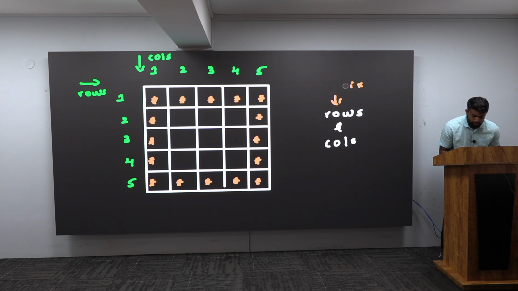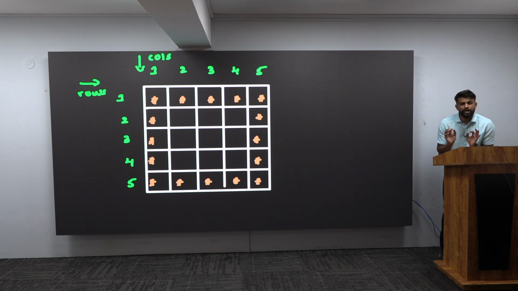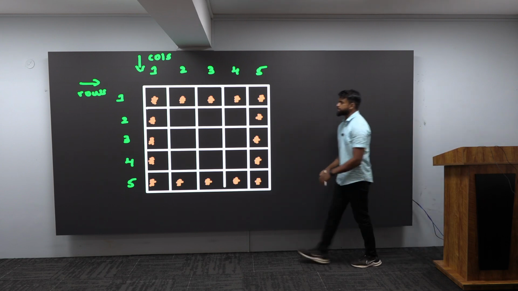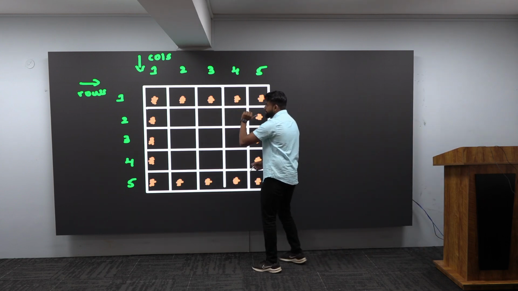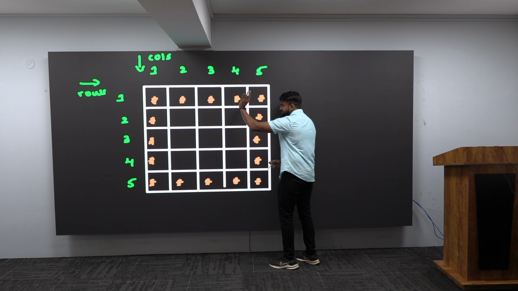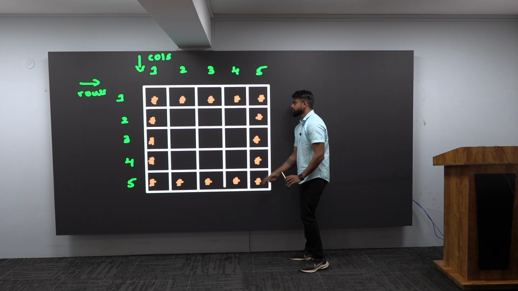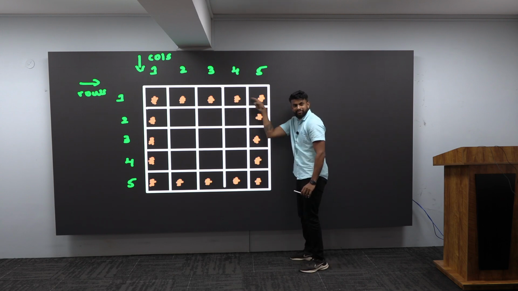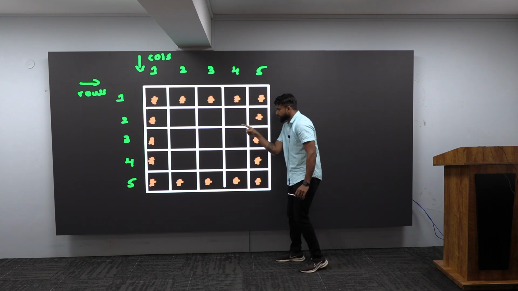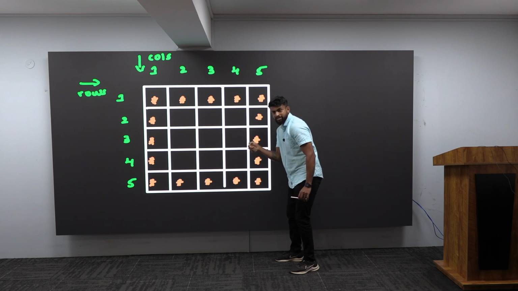Now, want to ask one question, not programmatic question, just a simple question. What's this? See, if you look at this pattern, there are some rows wherein everywhere stars are there. Yes or no? Which row is that? First row. Everywhere stars are there. Very good. Another row also everywhere stars you have.